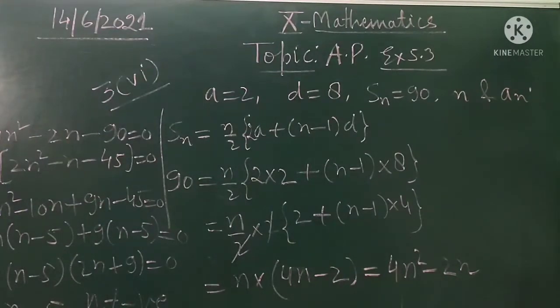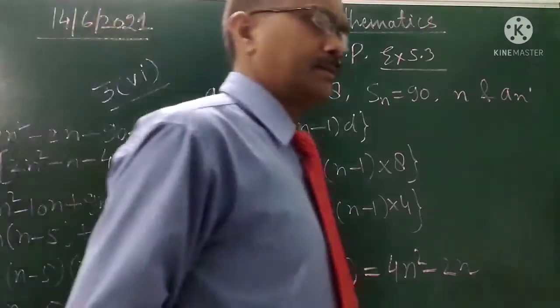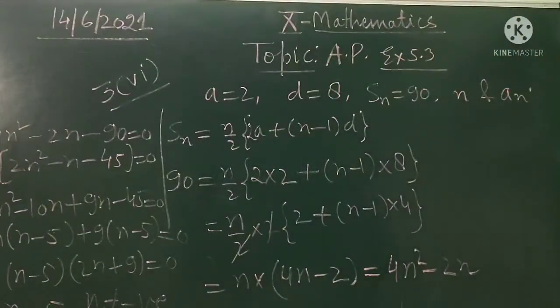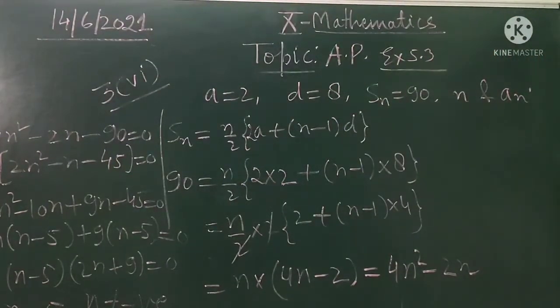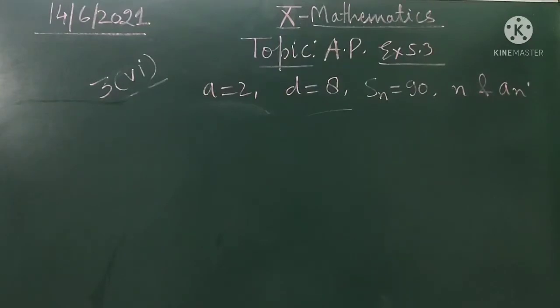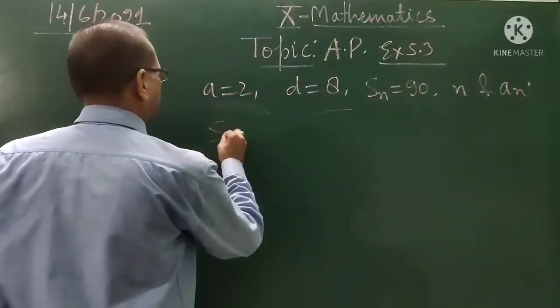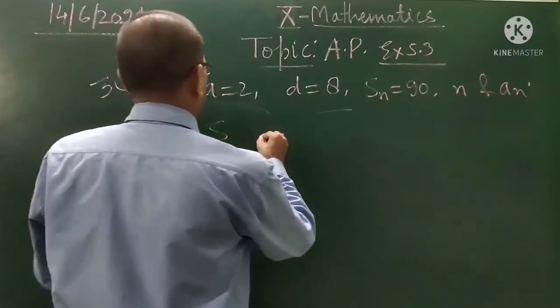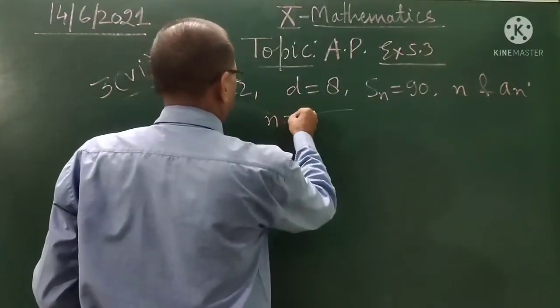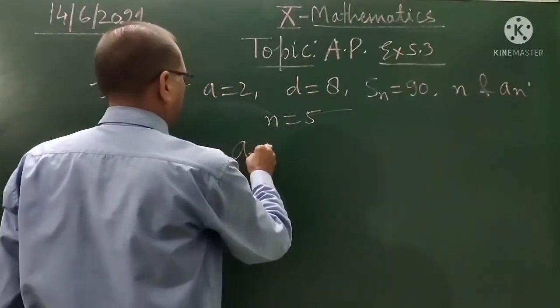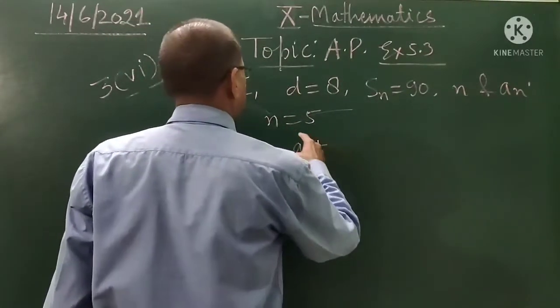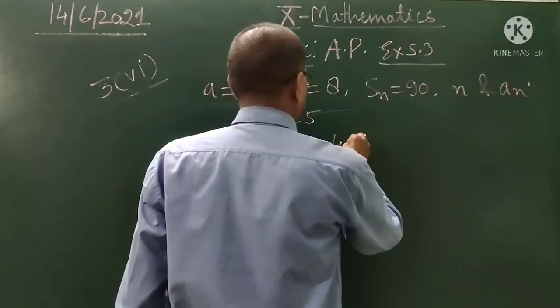Now we find An. So now we will find An. There is a formula for it. Here n equal to 5. So An equal to A plus 4D.